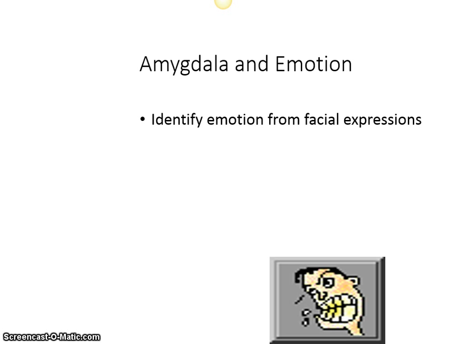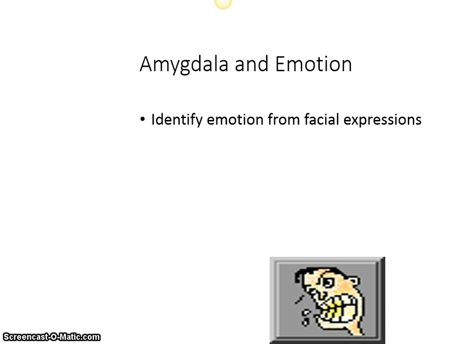Now let's take a look at the amygdala. The amygdala is responsible, amongst other things, for identifying emotions from facial expression. We also know the amygdala for its role in our fight or flight or freeze response.